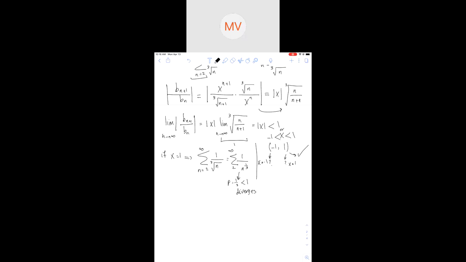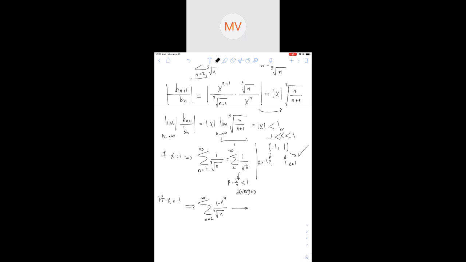Now let's check the other side, if x equals minus 1. As you can see, this time the series becomes negative 1 to the n over cube root of n, from 2 to infinity. Does this converge or diverge, and why? That's an alternating series, right? The limit of the nth term of the series goes to 0.